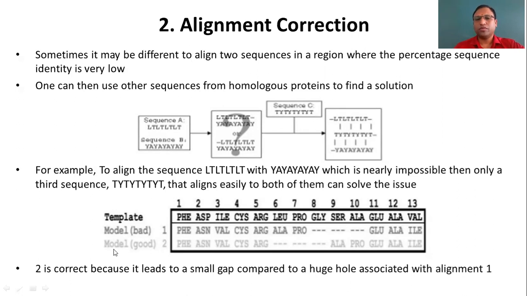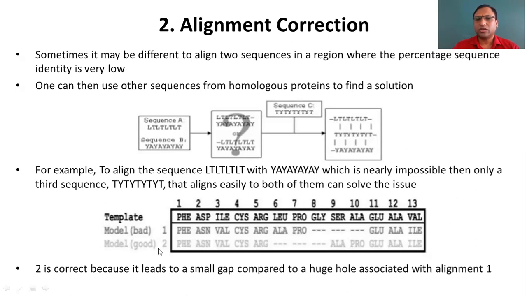For that, we are taking another model and comparing it again. What happened? Few regions have been covered up, or it is going to be nearby. So 2 is correct because it leads to a small gap compared to the huge hole associated with alignment 1. Here there is a big gap occurring because so many things are not matching.